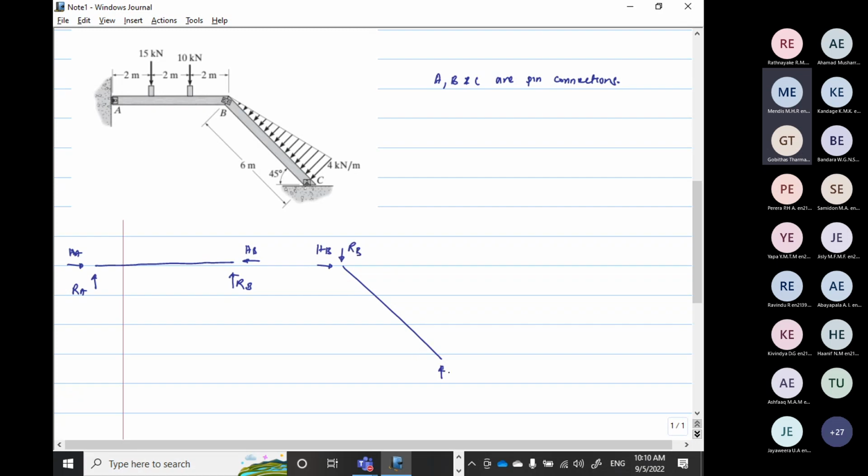Then we will have RC and HC. And there are two vertical forces here, 15 kilonewton and 10 kilonewton, and an increasing load of 4 kilonewton per meter.